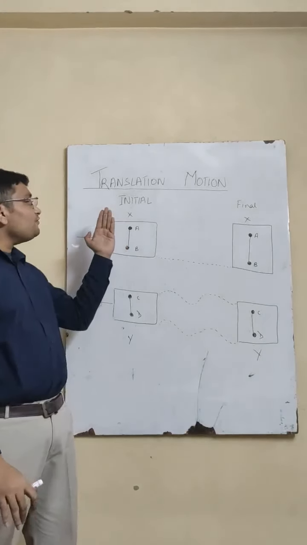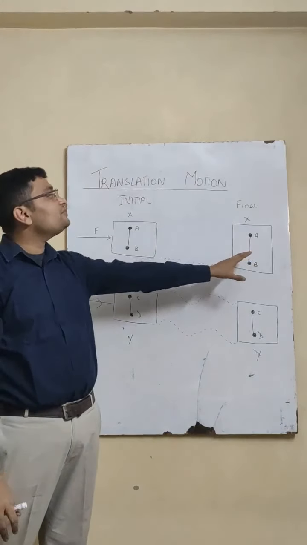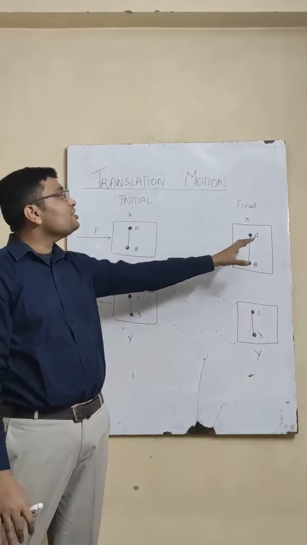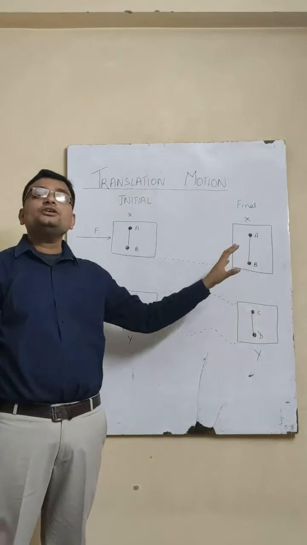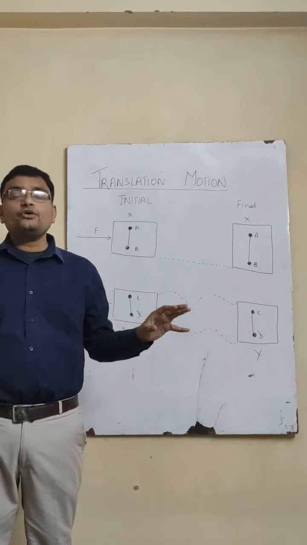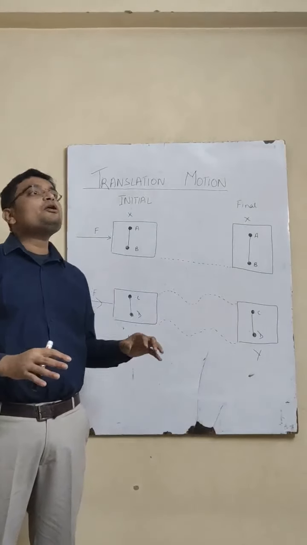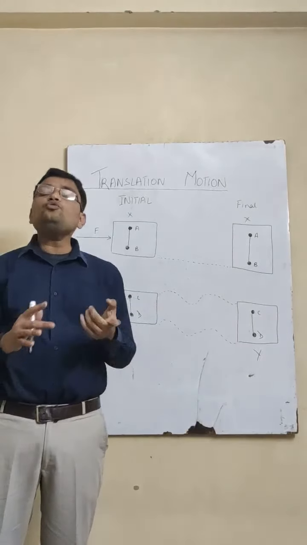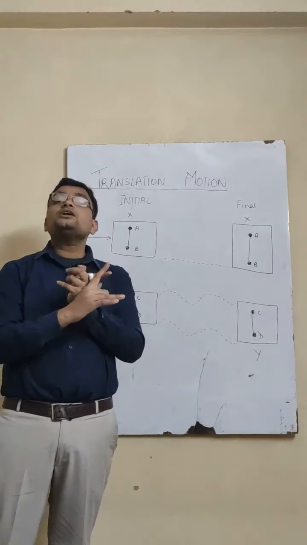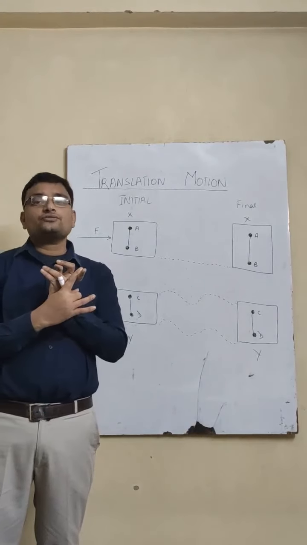If that line segment is parallel with the line segment at the final position, then you can say that it is a translation motion. Are you getting the concept of translation motion? Now let's talk about the types of translation motion. There are two types: curvilinear translation motion and rectilinear translation motion.